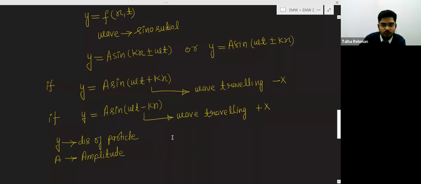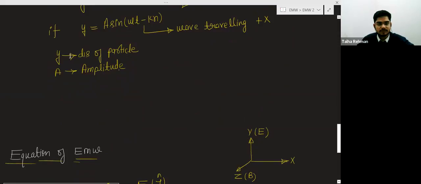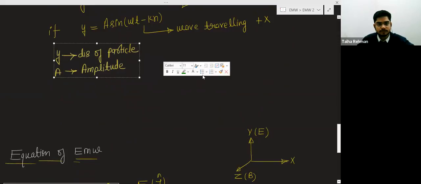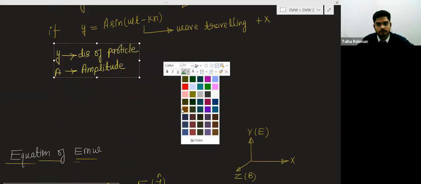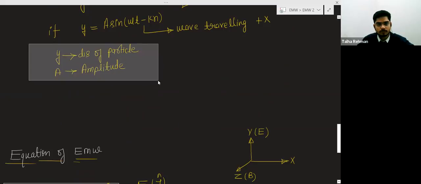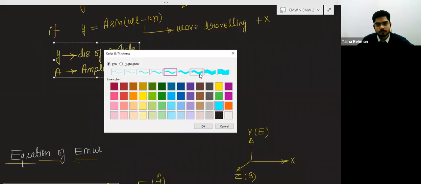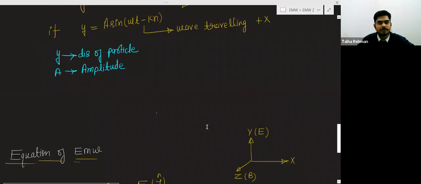Omega is the angular frequency, t is time, k is the wave number, x is the displacement along x-axis. So remember these points.